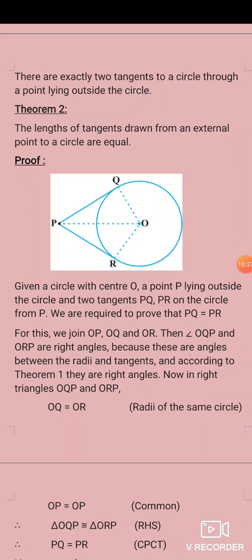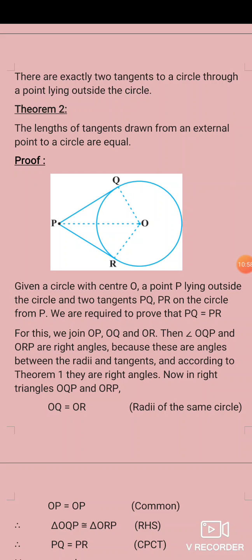One is the right angle: angles OQP and ORP are right angles. Then the hypotenuse, OP is equal to OP, common. Then any one side: OQ is equal to OR. So using the RHS congruence rule, these two triangles are congruent.